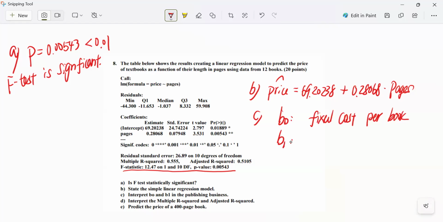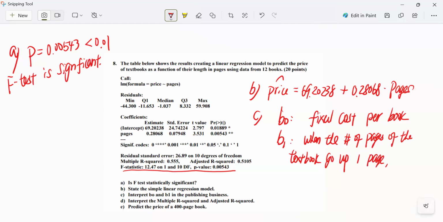B1: when the number of pages of the textbook goes up by 1 unit, by 1 page, the cost of the textbook will go up by about 28 cents, about $0.28.